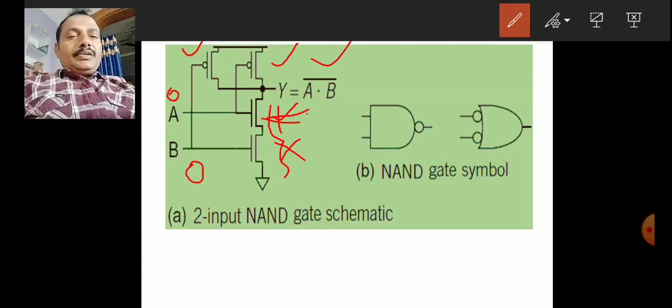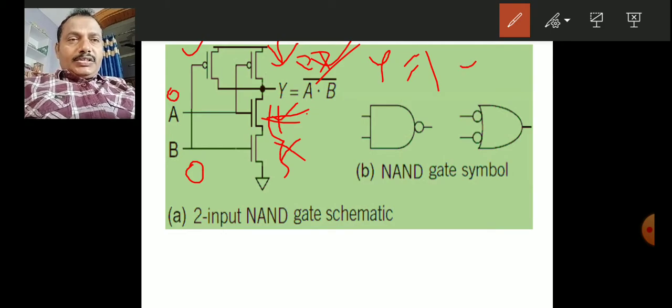So because both are conducting, this output Y is connected to VDD. That means high. Output Y equals high, 1. That means 0 0 gives output Y equals 1. So this is the NAND operation.